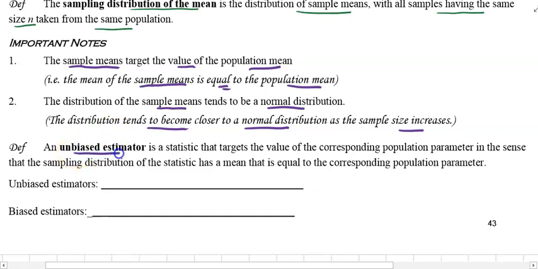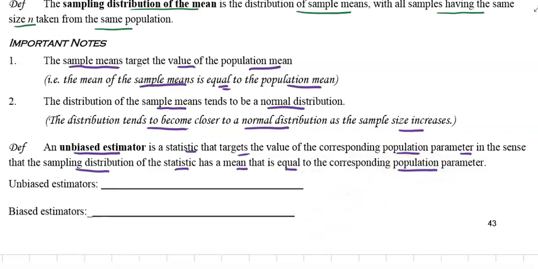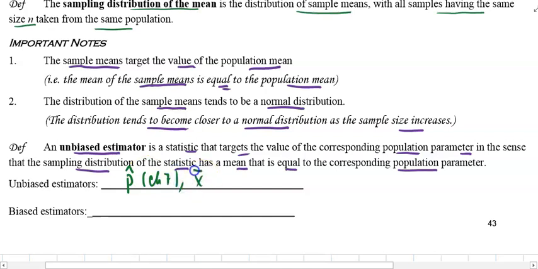An unbiased estimator is a statistic that targets the value of the corresponding population parameter, in the sense that the sampling distribution of the statistic has a mean equal to the corresponding population parameter. Well, it turns out the unbiased estimators are p-hat, which we're going to learn about in chapter 7, the sample mean, and the sample variance.